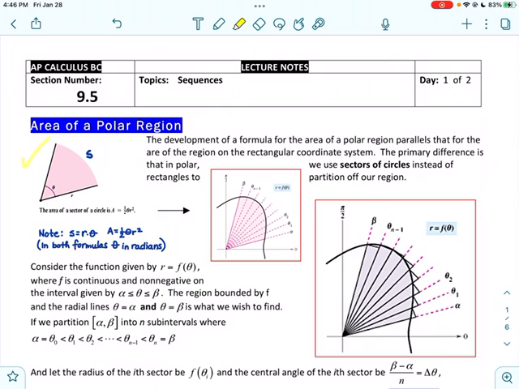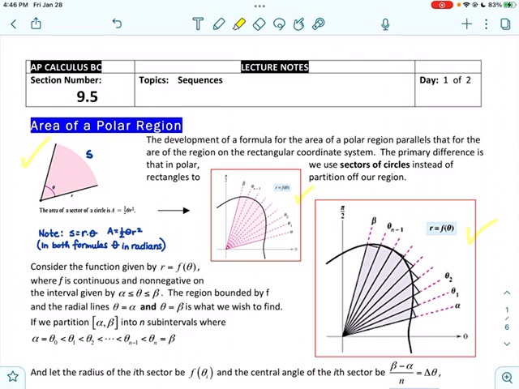We can use sectors of circles with this, and think of when we were dealing with Riemann sums before in Calc AB and some in Calc BC, that we were adding up rectangles. So we're doing the summation of rectangles, where now we're going to sum up these sectors. You can see in the pictures I have inserted here, the purple one to the right-hand side, that we're going to add up all those little sectors.